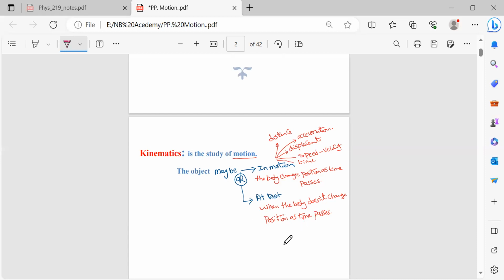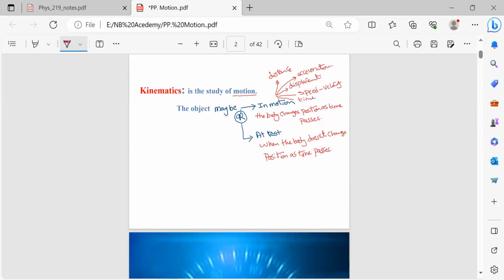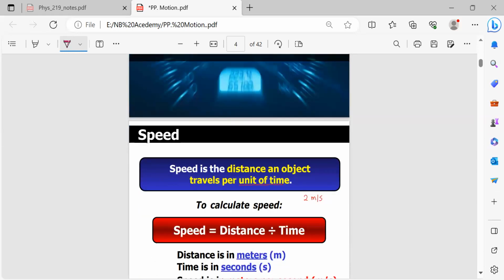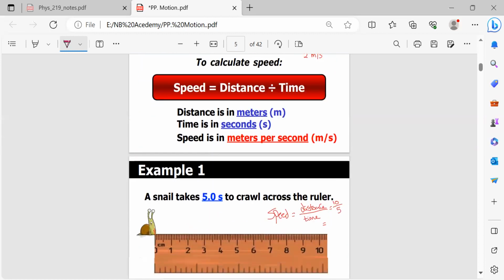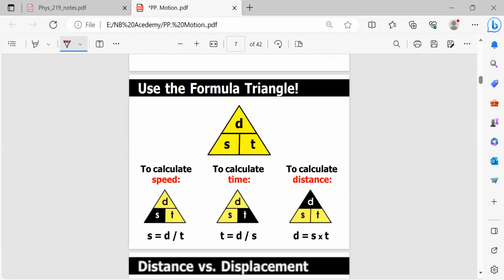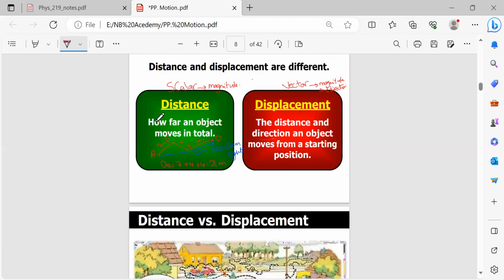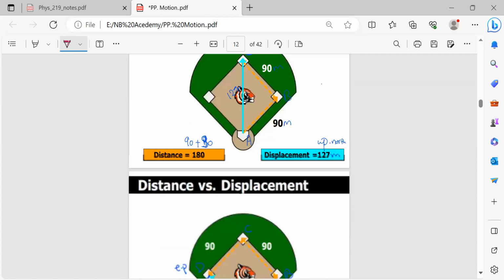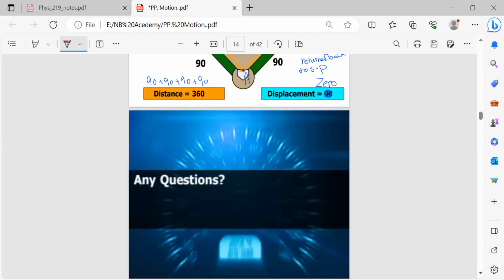We also explained what is meant by a body at rest. We've talked about speed and its formula. Here we had examples. Here's the difference between distance and displacement, and we had a detailed example.